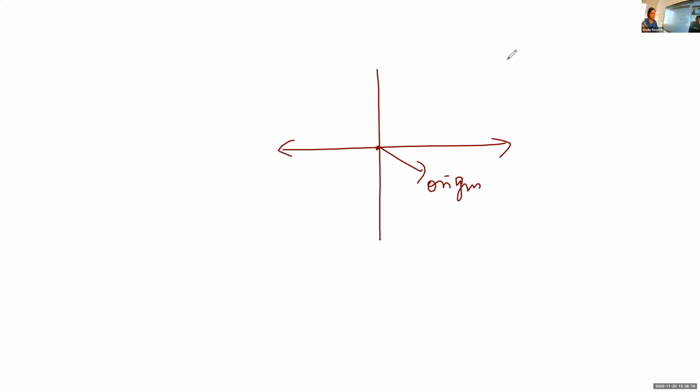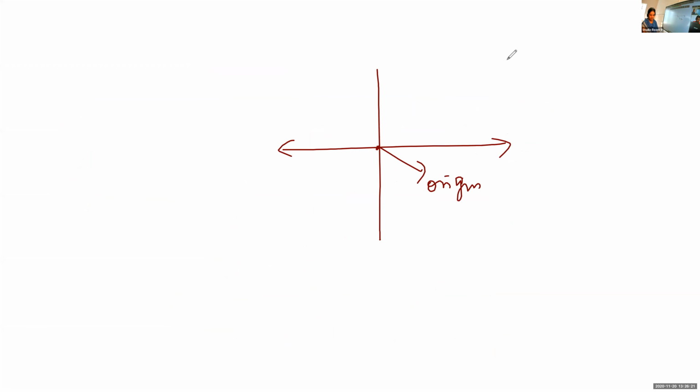For the standard form, we always take the center as the origin, for the simplest form.